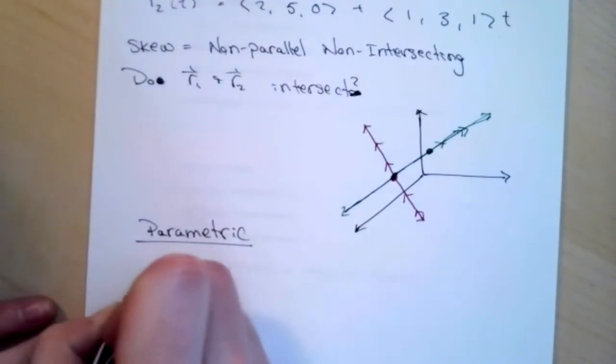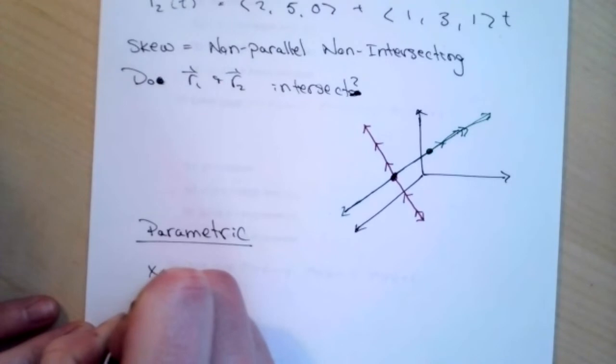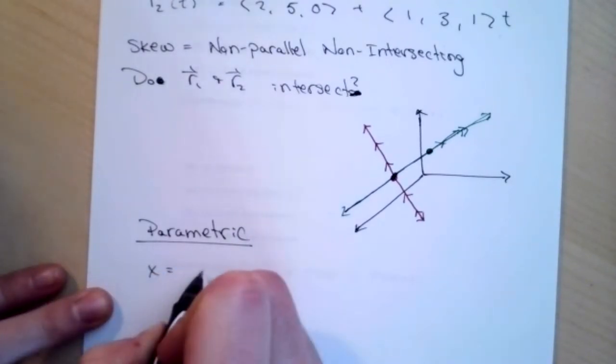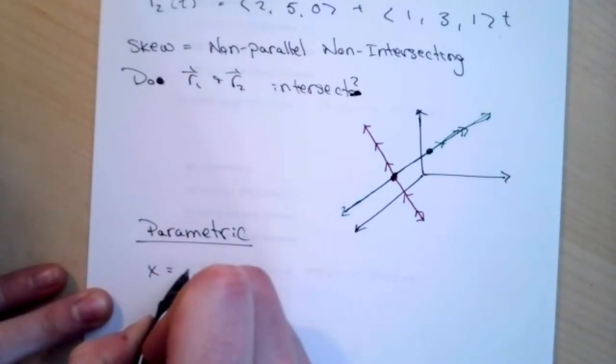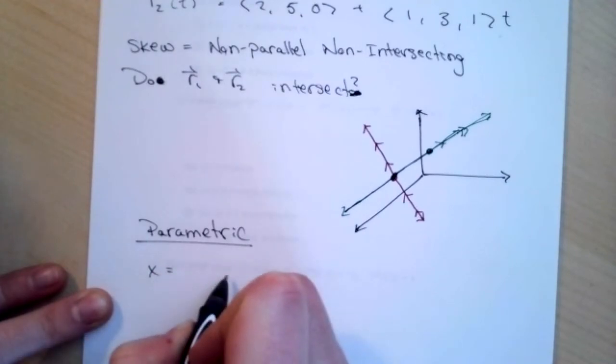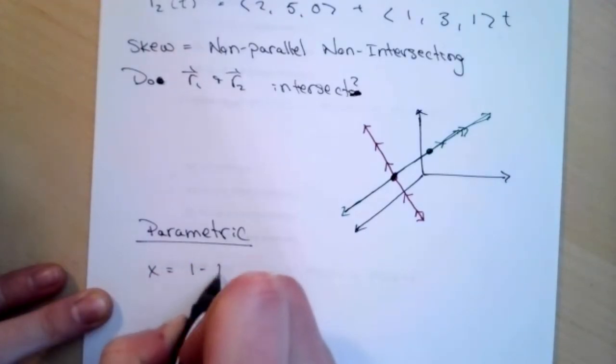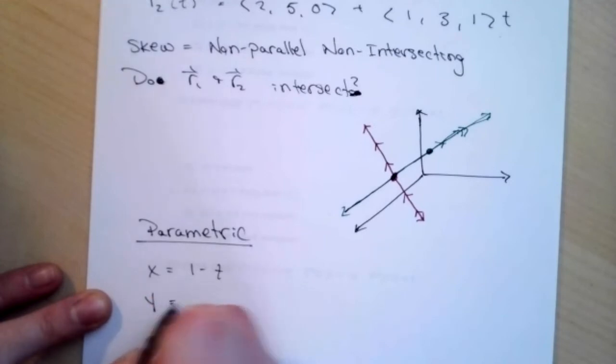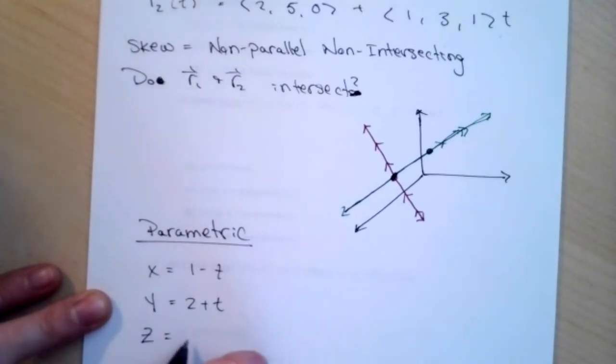So for R1, we have x is equal to 1 minus t. Our y is equal to 2 plus t. And our z is equal to minus 1 plus 2t.